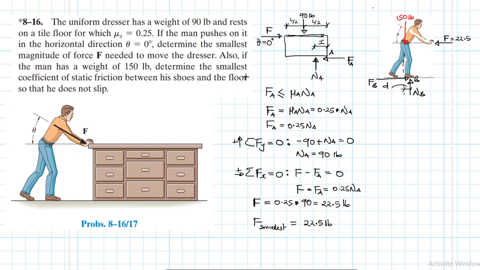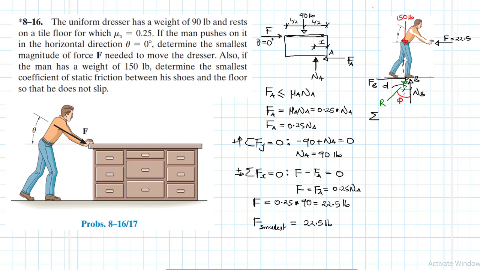This point is B. Then I will have the resultant, somewhere here. This is my resultant, R. And then I have this angle here in red that I'm going to call phi.